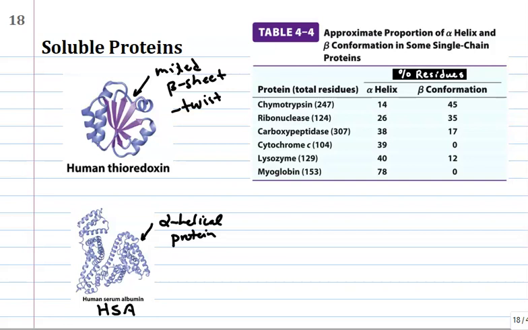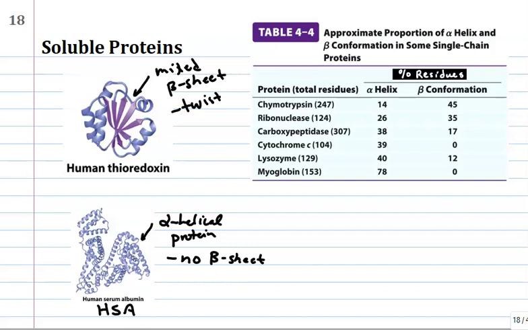And so most proteins have some of each, but human serum albumin does not have any beta sheet, and that's okay, because this structure of HSA, human serum albumin, fits its biological function.